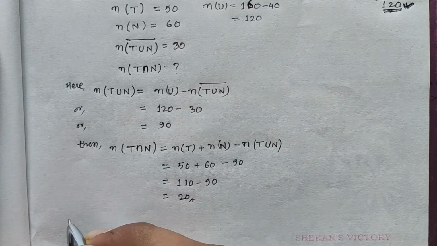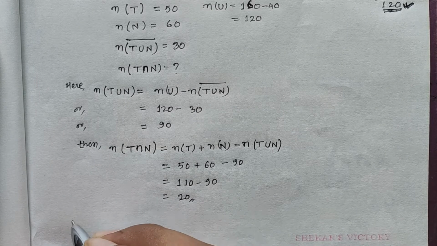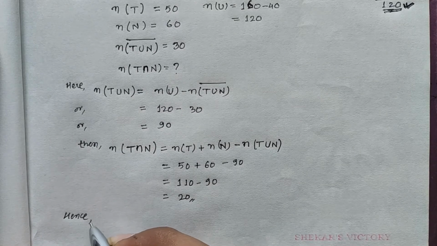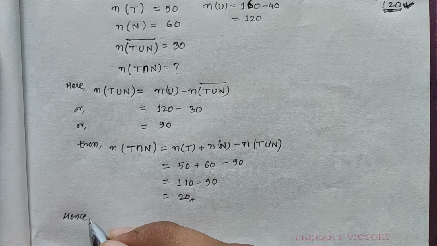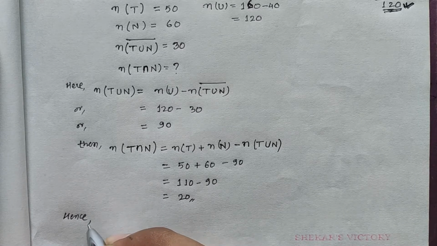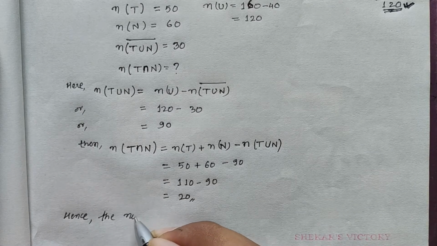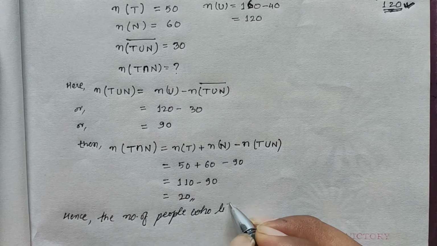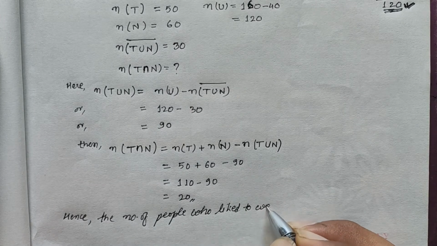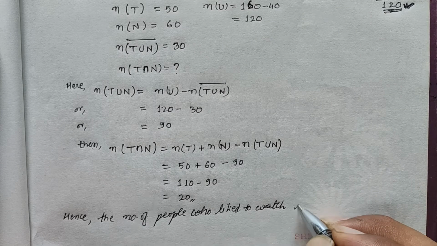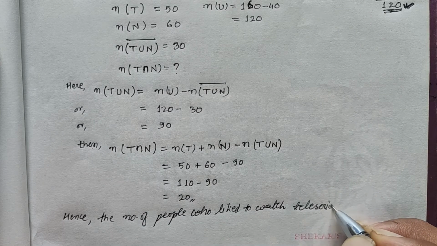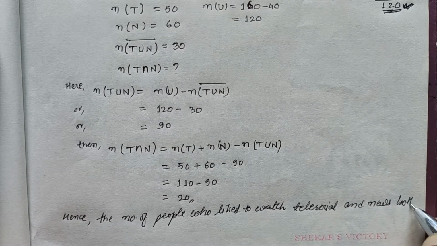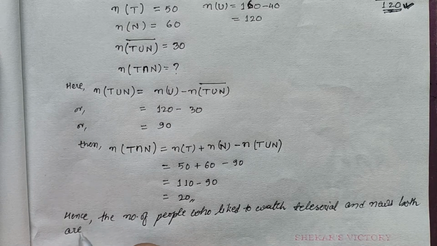You have found the people who liked both, so write the conclusion part. At the last you have to write the conclusion. You can write it like this: Hence, the number of people who like to watch teleserial and news both is 20.